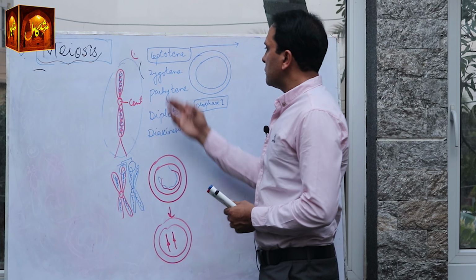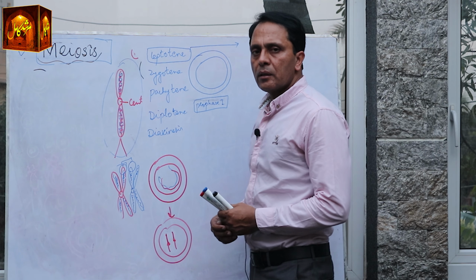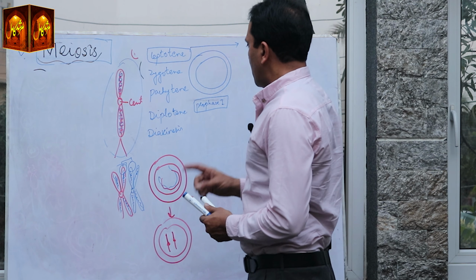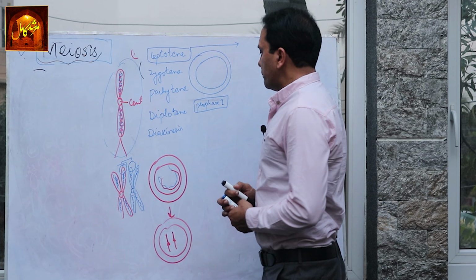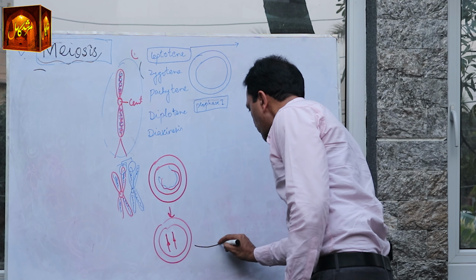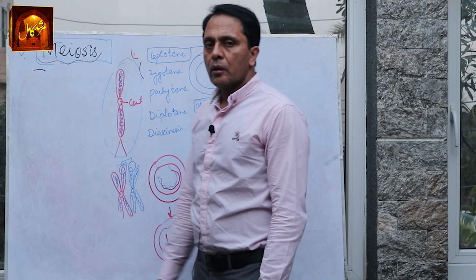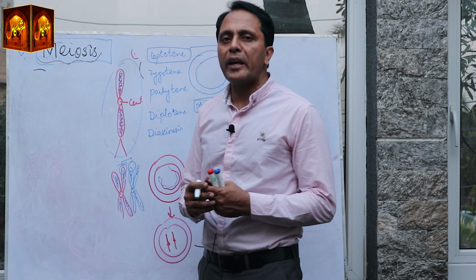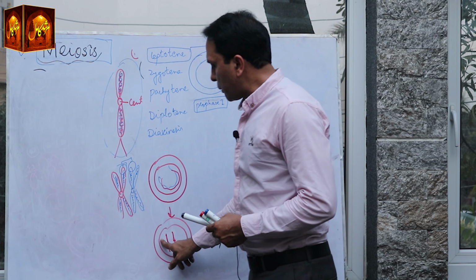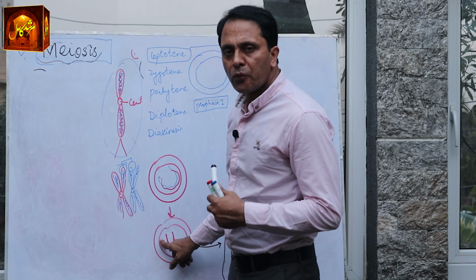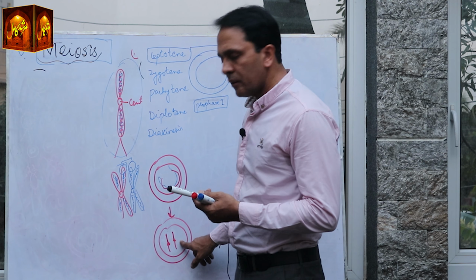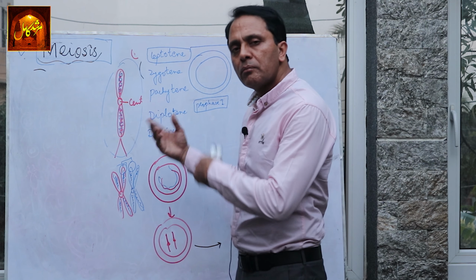Next, let's discuss what will happen in zygotene. Now the process of finding pairs will start. The chromosome number 1 from the maternal side will find its pair from the paternal side.